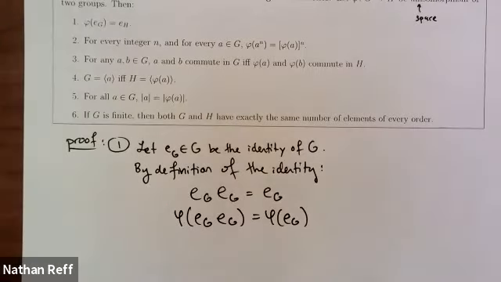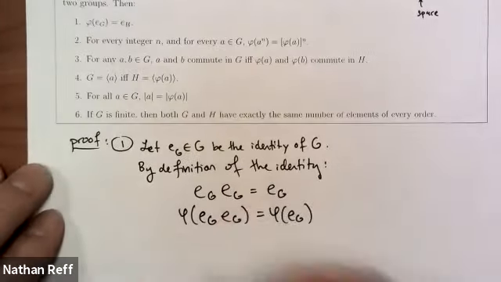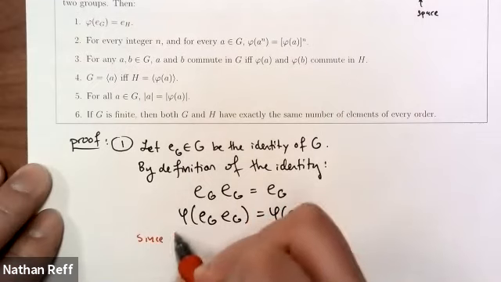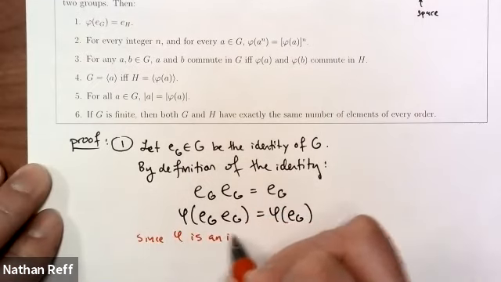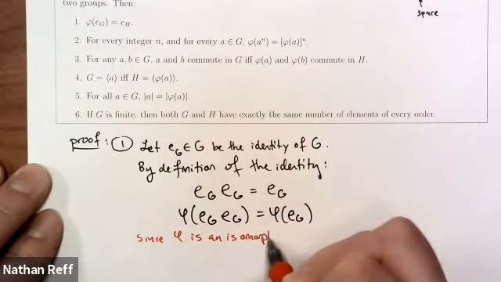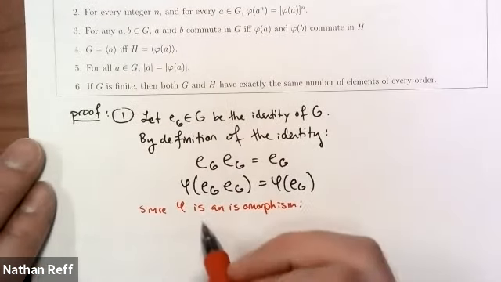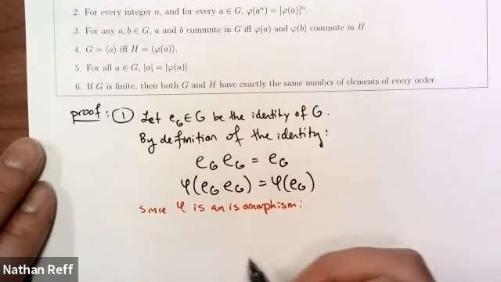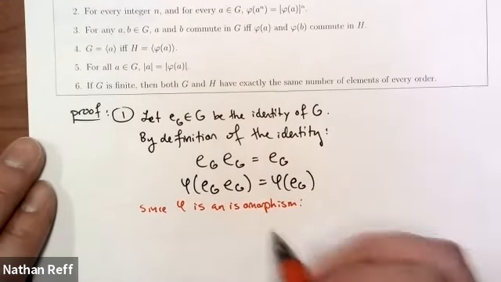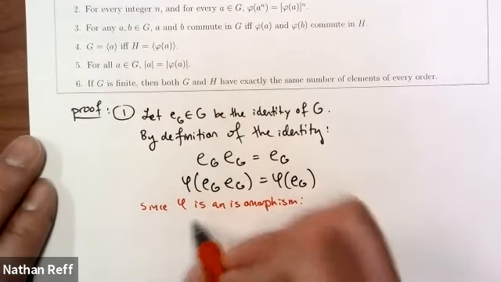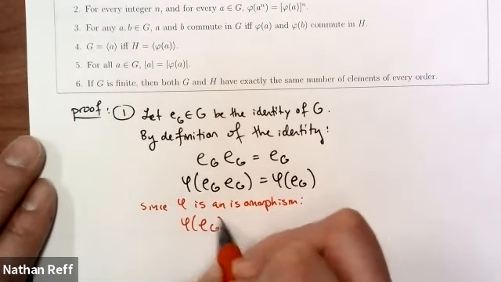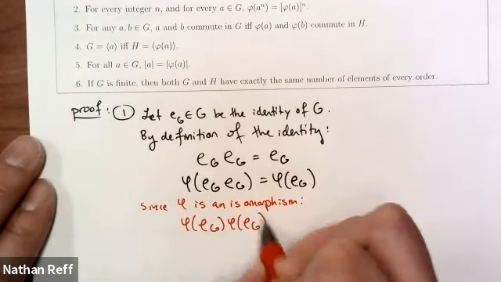So what I'm saying here is, since phi is an isomorphism, what can I write? I can break this apart as phi of EG, phi of EG.